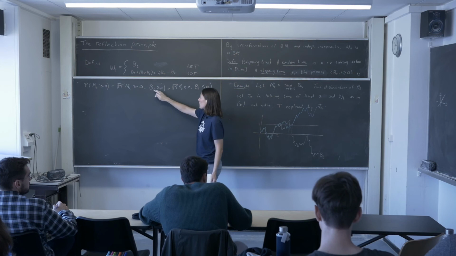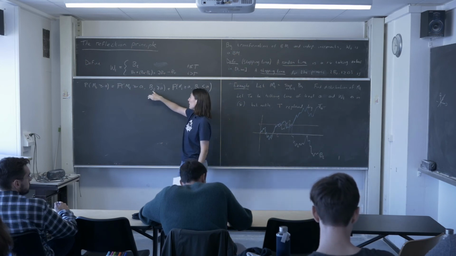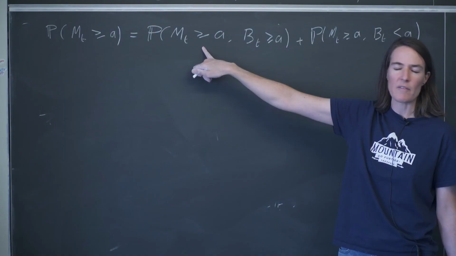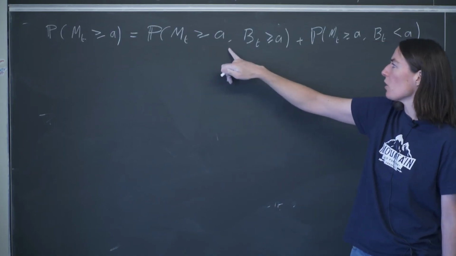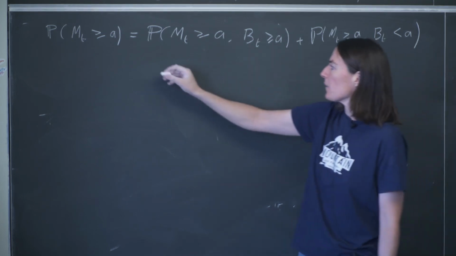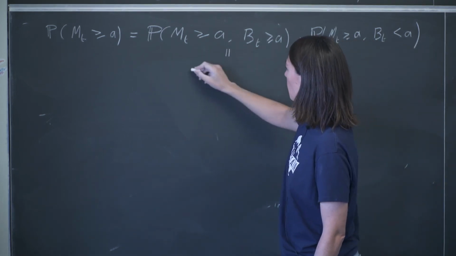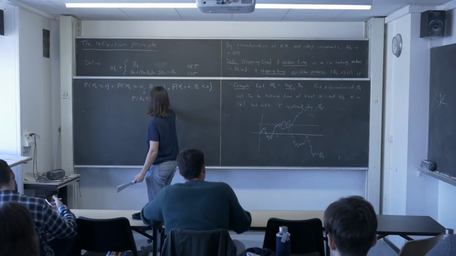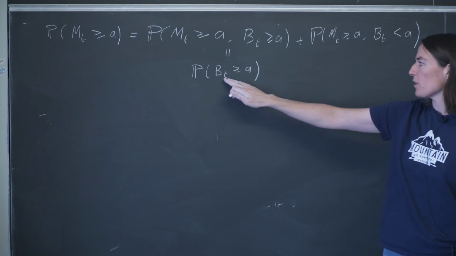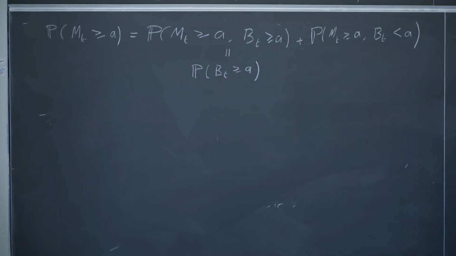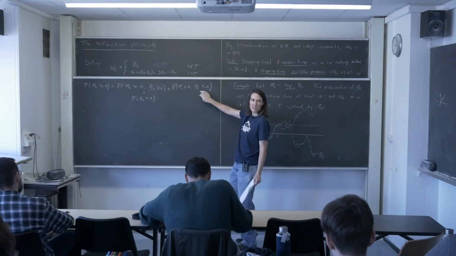Now in this first case, if I know that at time t I'm bigger than level a, then my maximum has to be bigger than level a, because my maximum is the maximum across the whole interval. And so if my final point is bigger than a, then definitely my maximum is. So this one here is just equal to the probability that B_T is bigger than or equal to a. And we know what this distribution is. This is just a normal (0,t) random variable. So that bit's fine. This one is the tricky bit.